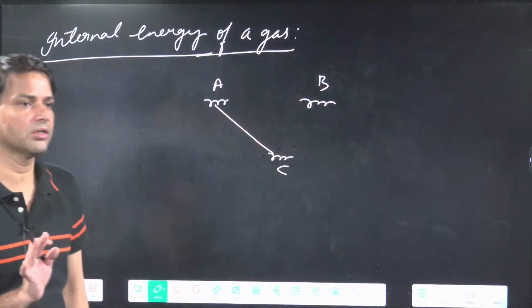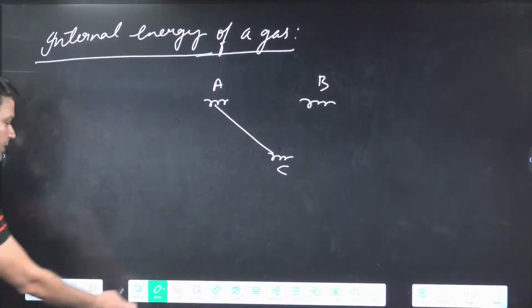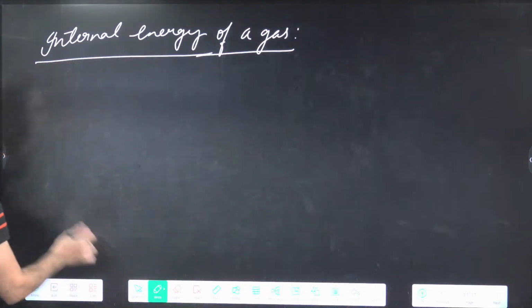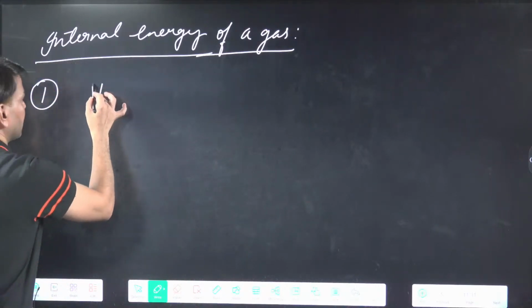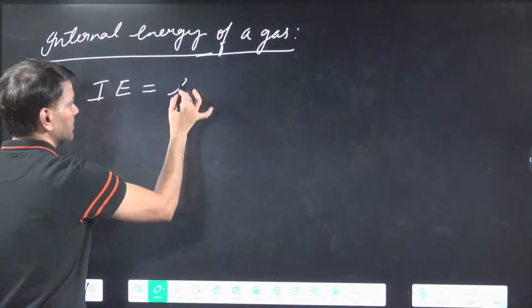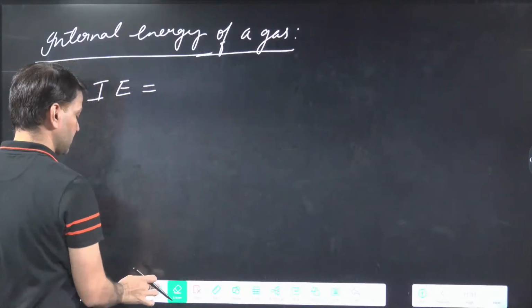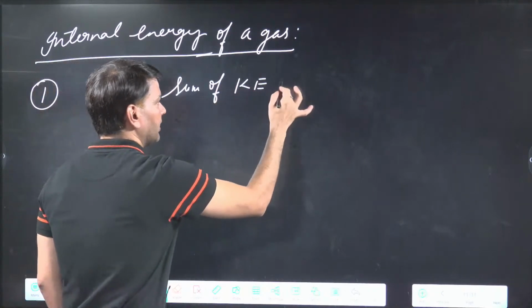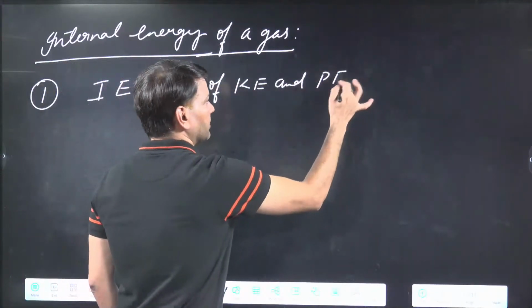Now understood or not? Okay. So internal energy we can say is a sum of kinetic energy and potential energy.